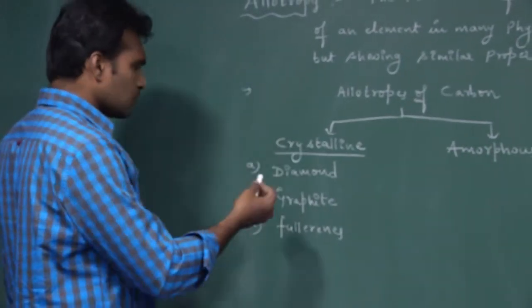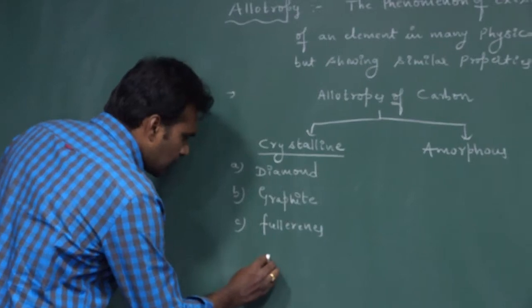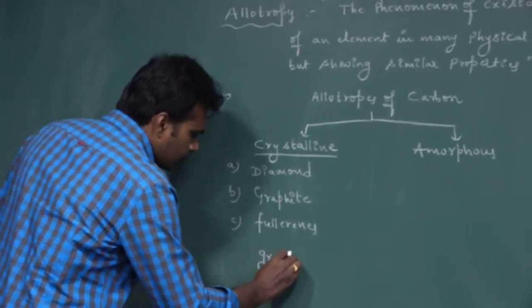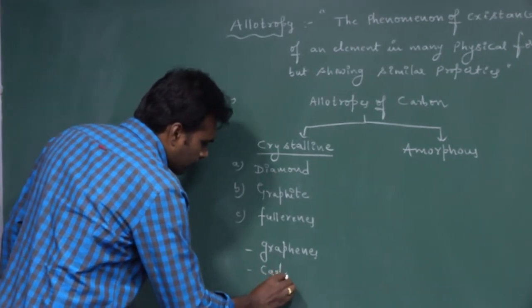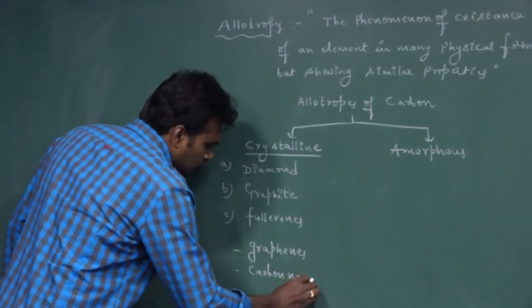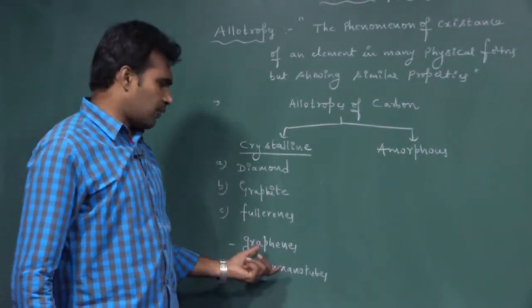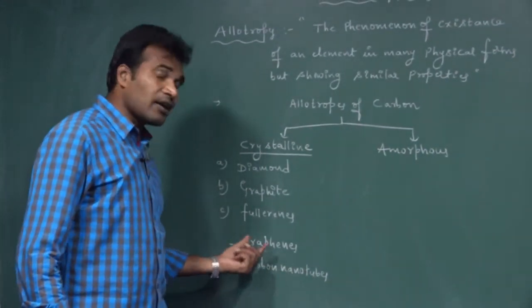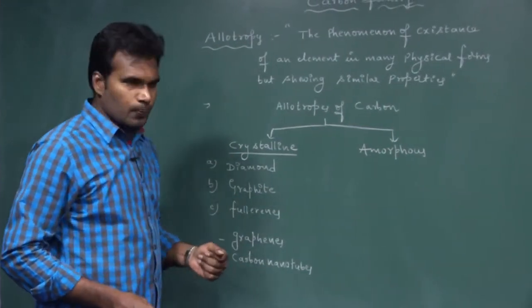In addition to this, two more allotropic forms are included. One is graphene and the other is carbon nanotubes. These carbon nanotubes are mainly used in nanotechnology. These are the five crystalline allotropic forms.